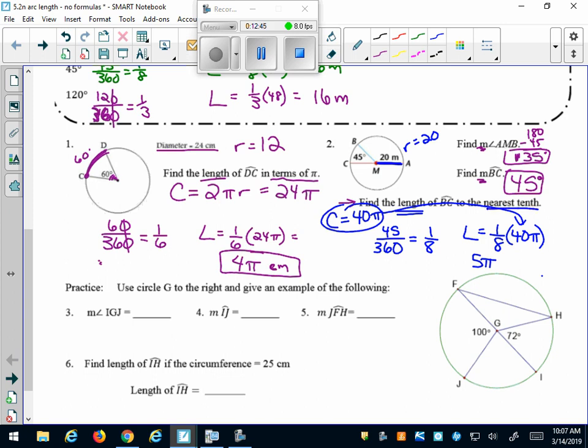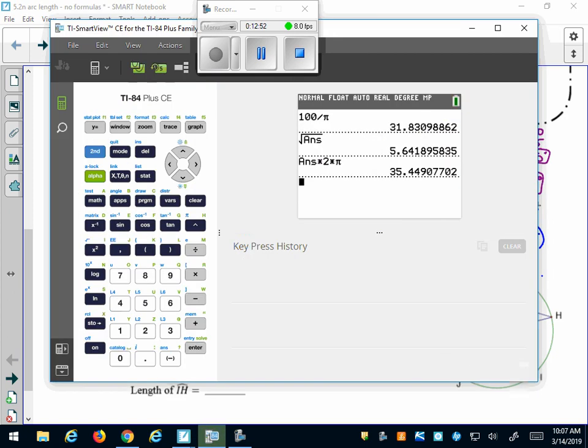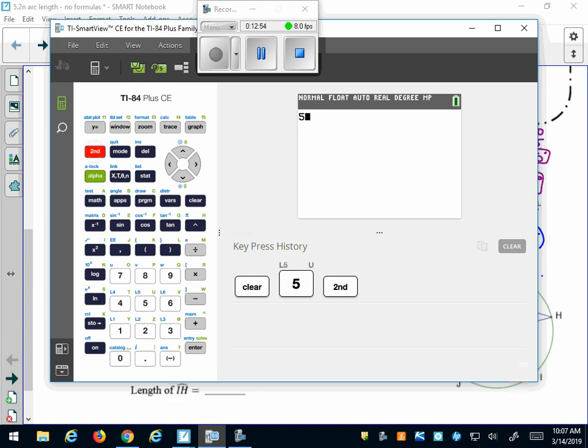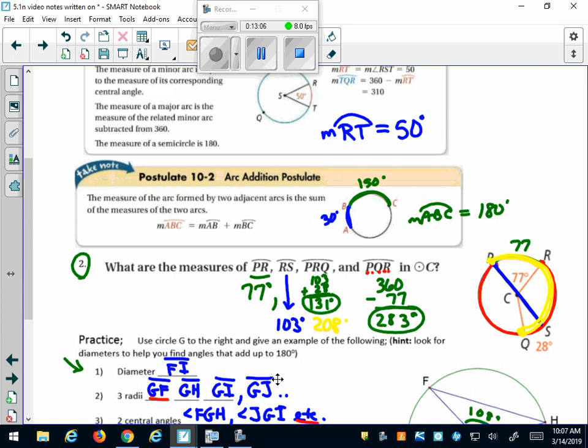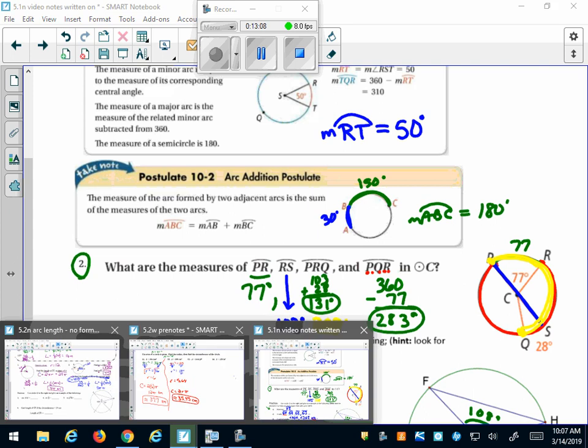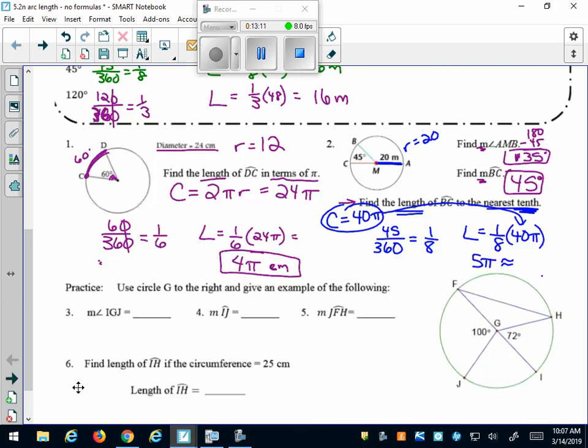It says to find it to the nearest tenth, so we have to turn that into a decimal. 5 times pi is 15.7. It said to the tenth, right? 15.7. And that is in meters.